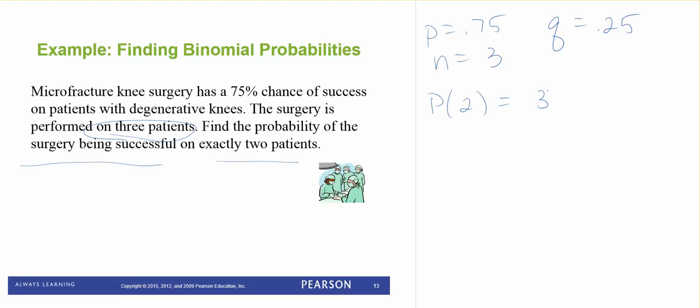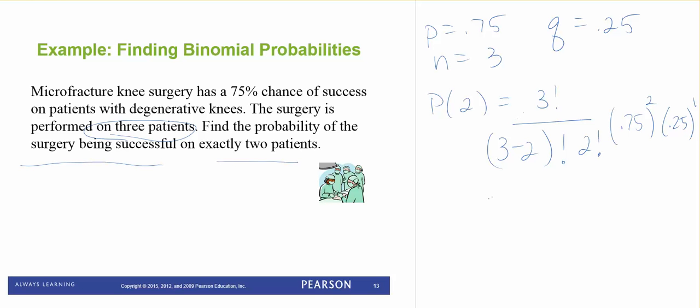So we need n factorial over n minus x factorial, and then x factorial. Then the probability of a success raised to the number of successes you are interested in, and the probability of a failure raised to the number of failures. And remember that total should sum up to n.